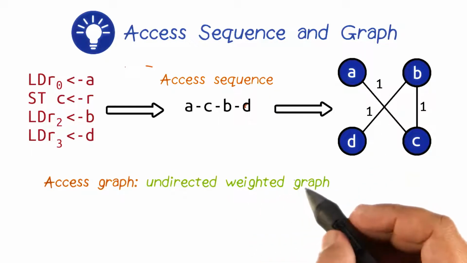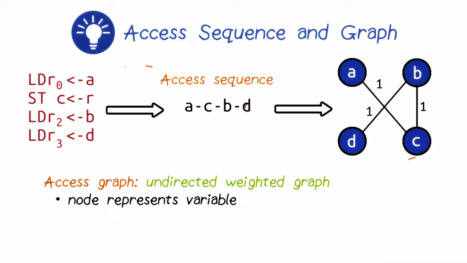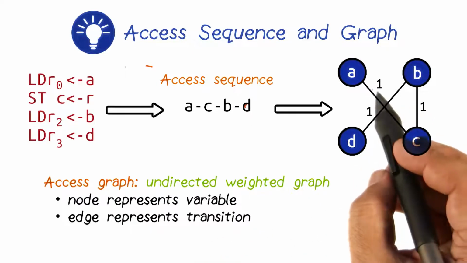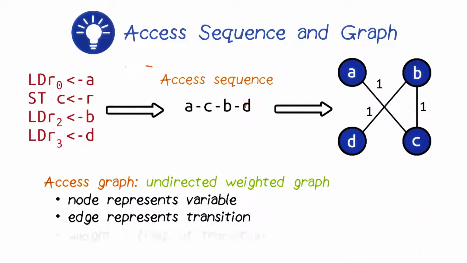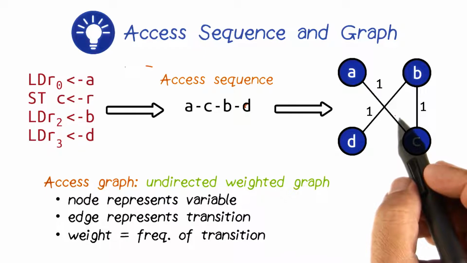So again, to summarize, what is an access graph? Access graph is an undirected weighted graph. Each of the nodes represents a variable, which is in the stack. An edge represents a transition from one variable to the other, and weight represents the frequency of such transitions. The frequency is counted as follows. If, for example, A to C, we are going once, it is counted once.